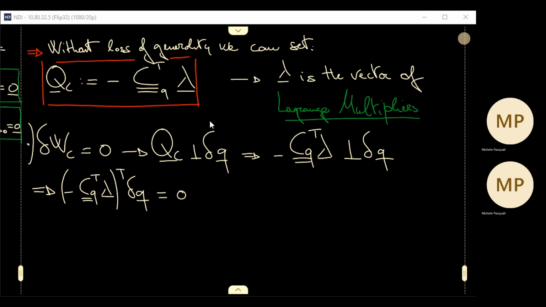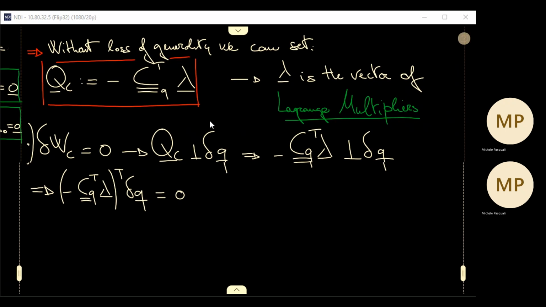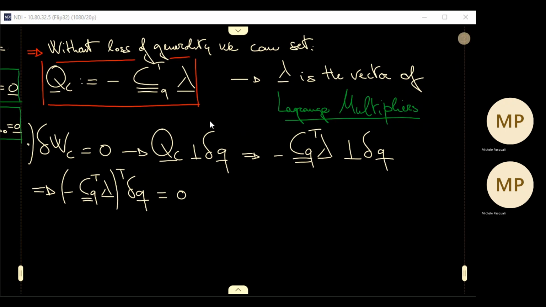So what we can do here is to add this quantity, which is 0, to our previous Lagrange equation.